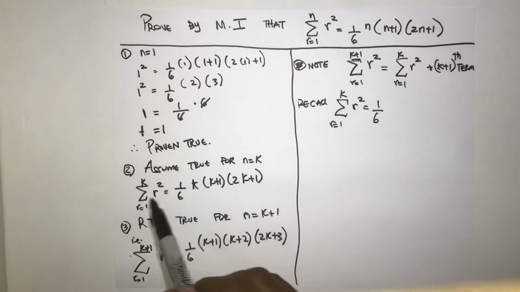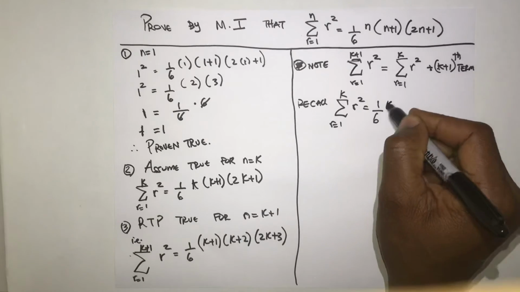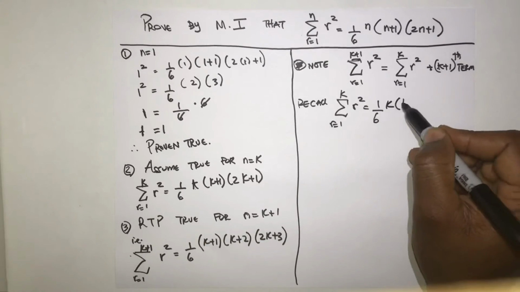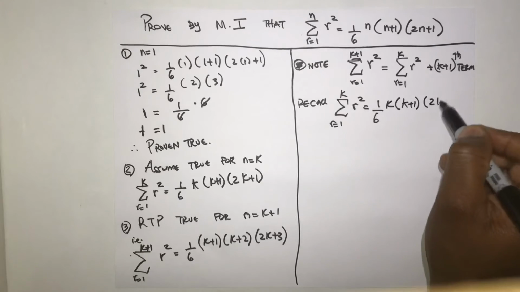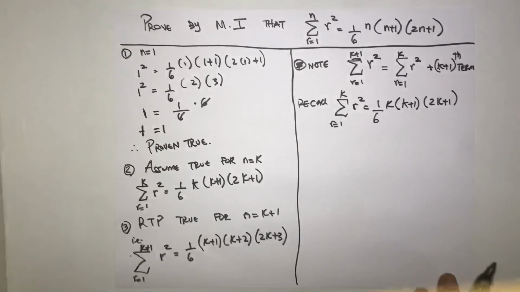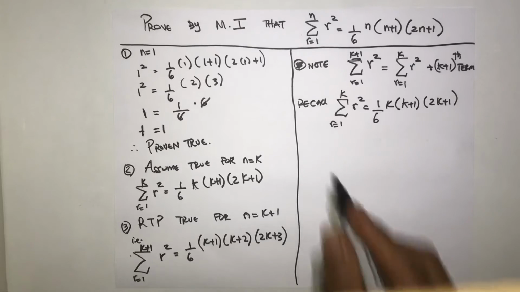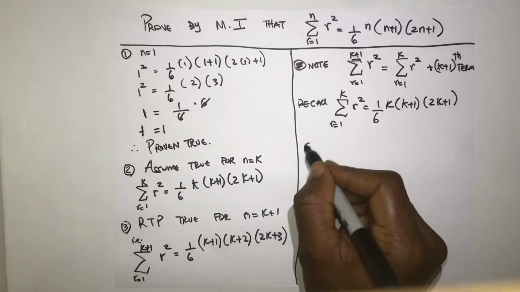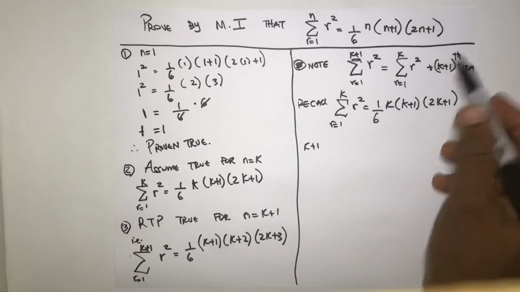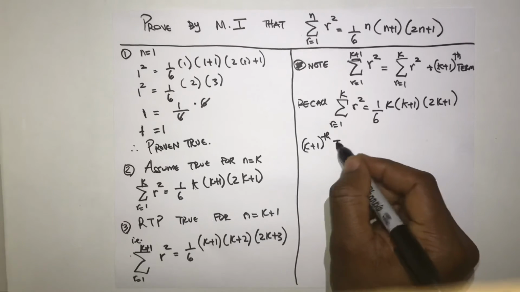You're recalling that the summation of r equals 1 to k of r squared is equal to 1/6 k plus 1 2k plus 1, right?